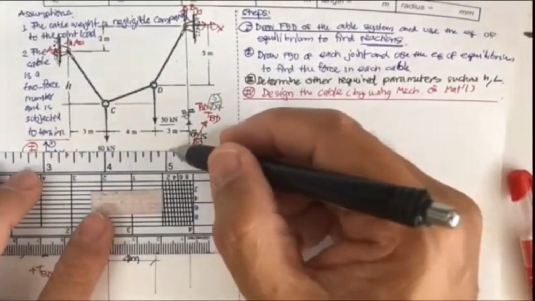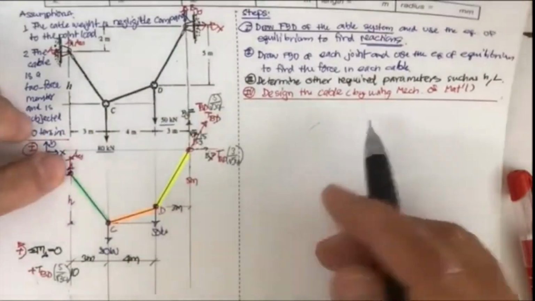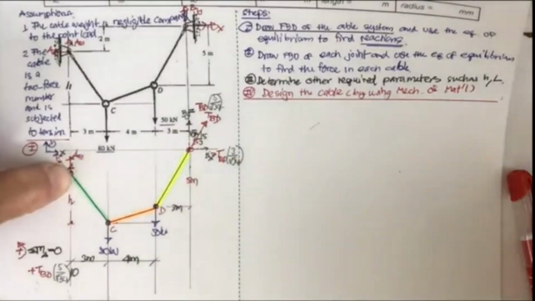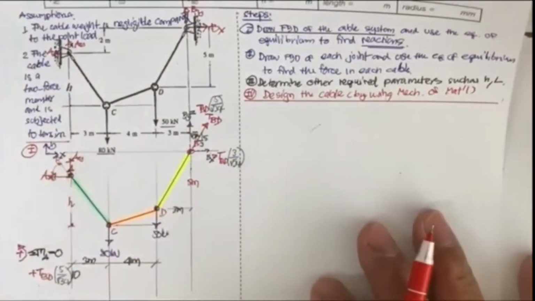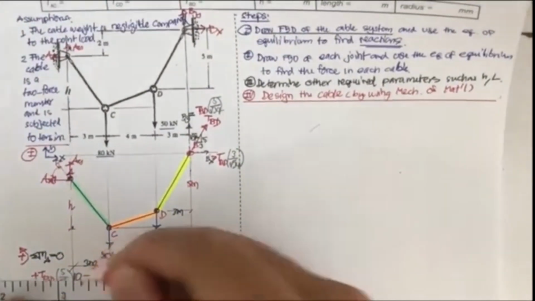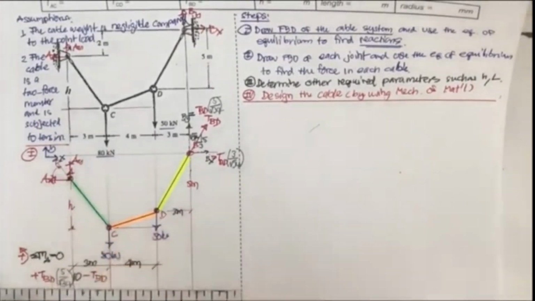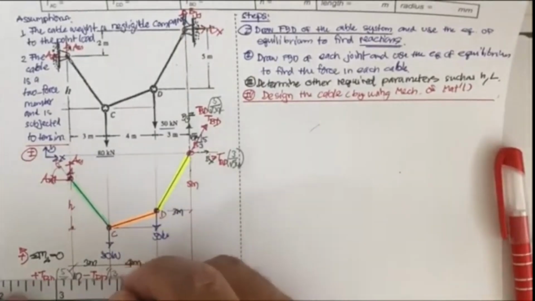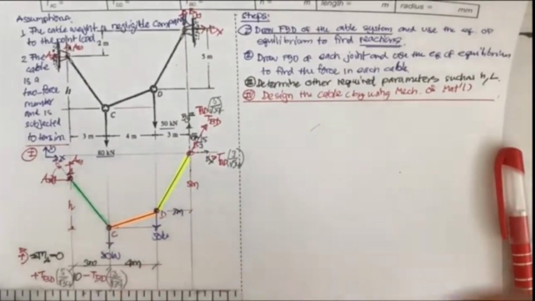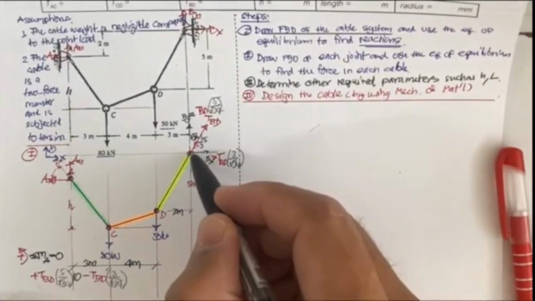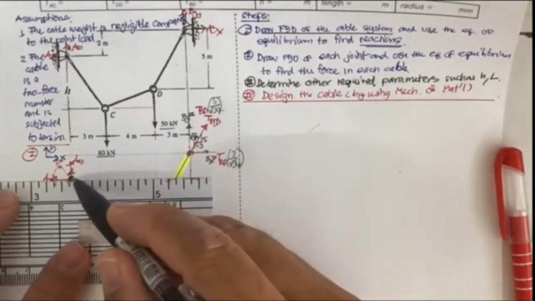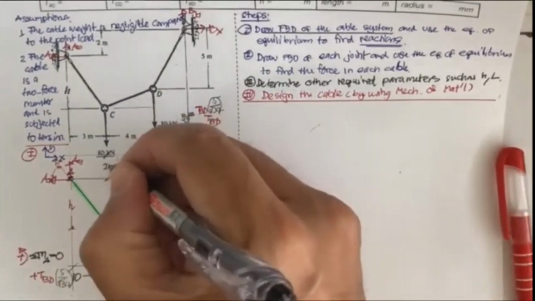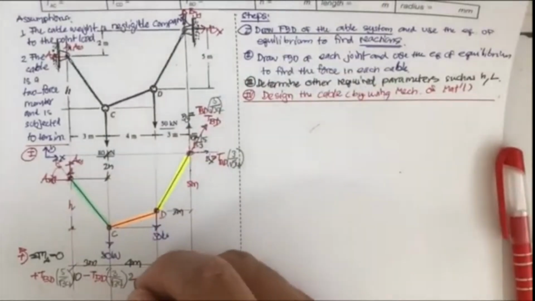The line of action of this force is here, and the rotation due to this B sub x is going to be clockwise, so this is going to be minus T sub BD times 3 over square root 34. What's the moment arm of this? If you take a look from the picture, this is 2 meter. So the moment arm is 2.